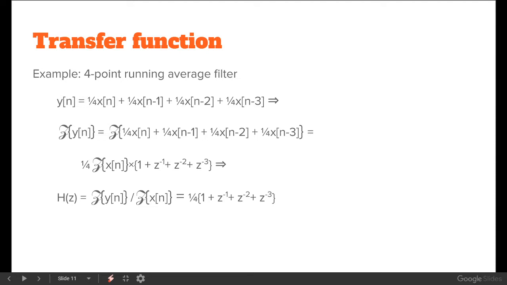So those are the coefficients directly. Okay, and then the denominator coefficients, here we have a0 is actually that 1 in front of the y of n.